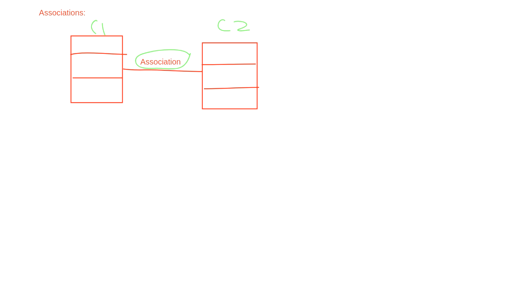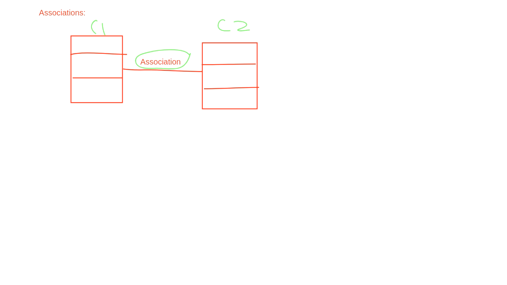Let me write its spelling so that you can understand: m-u-l-t-i-p-l-i-c-i-t-y. Multiplicity is also called cardinality.